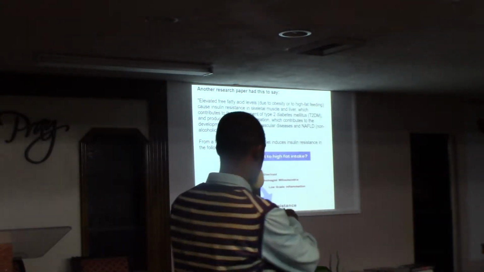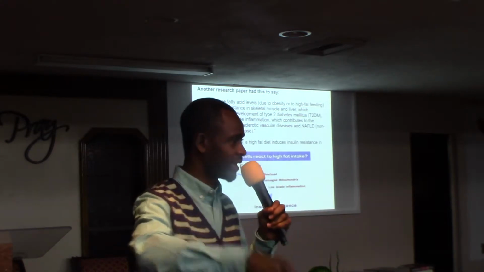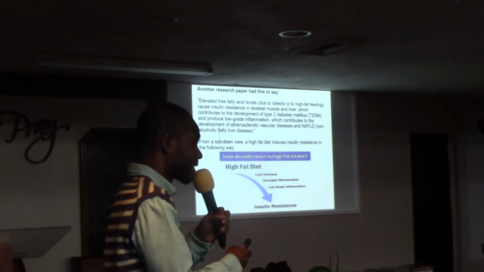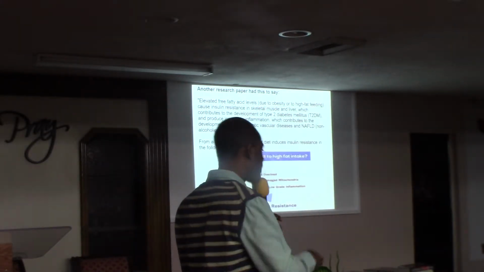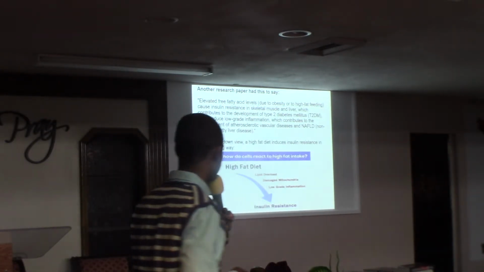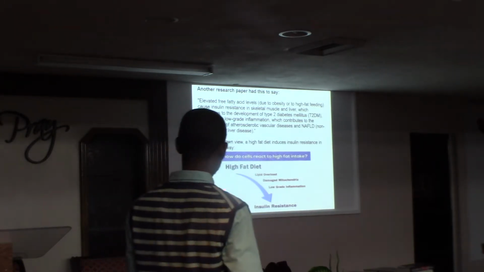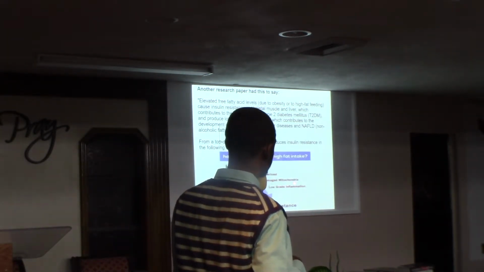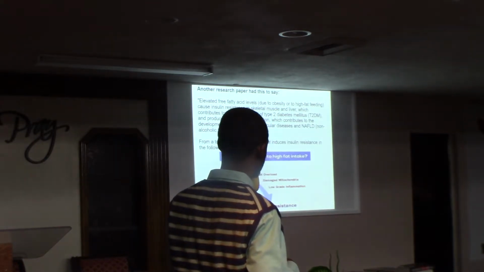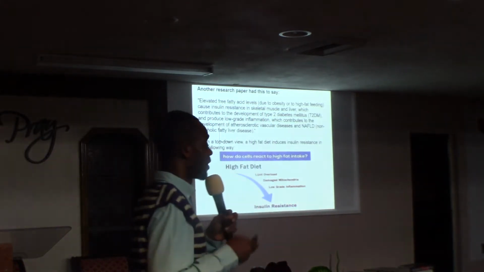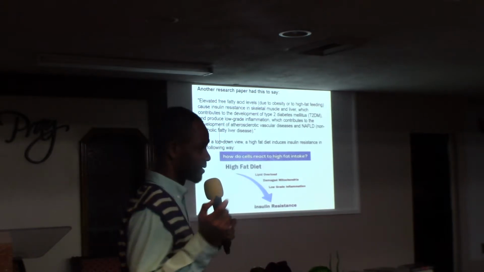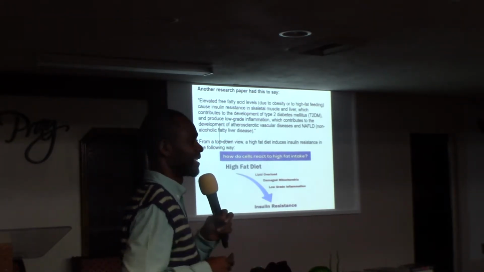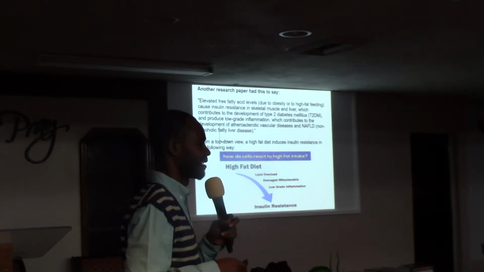So if you notice, one thing always leads to another thing, which leads to another thing. Everything is connected. And so you have a diagram there: fatty diet, lipid overload, damaged mitochondria, low-grade inflammation, insulin resistant diabetes, or insulin resistant cancer, because they're now finding out that insulin resistance is one of the underlying causes of cancer.